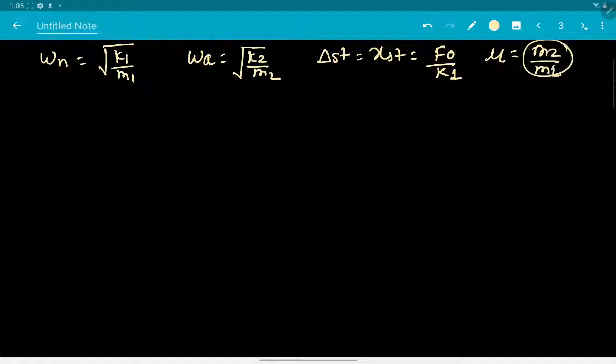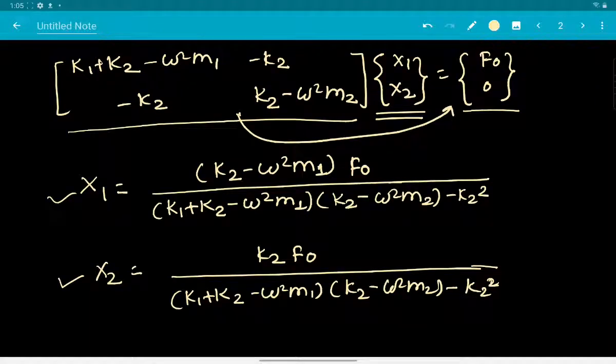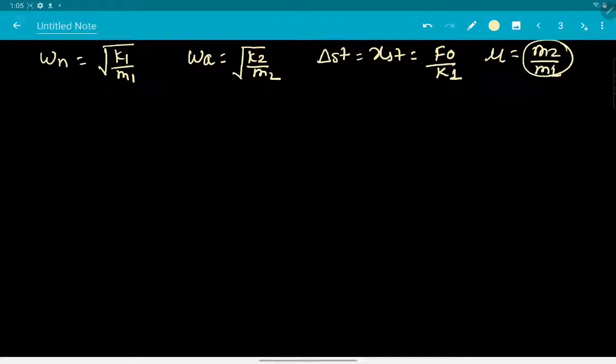Now we'll be doing certain adjustments over here. We'll be taking out certain terms, for example k2 from this, and if I do so, I can write down x1 directly.